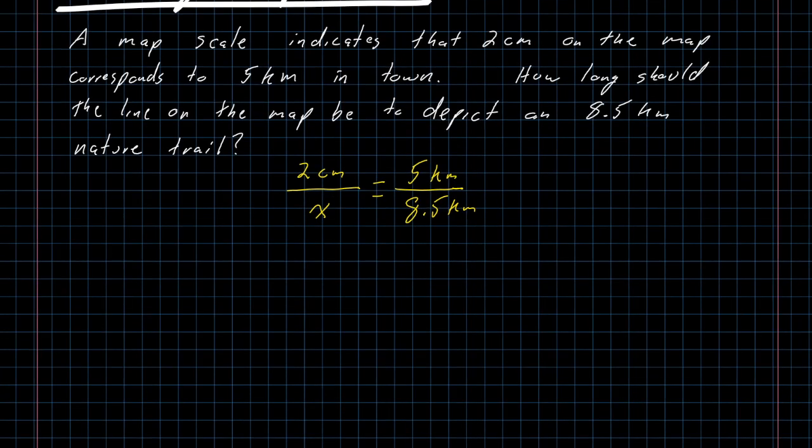Using the cross product test from here, I get that 5x is 2 times 8.5. 2 times 8.5 is 17. 17 divided by 5 is 3.4.